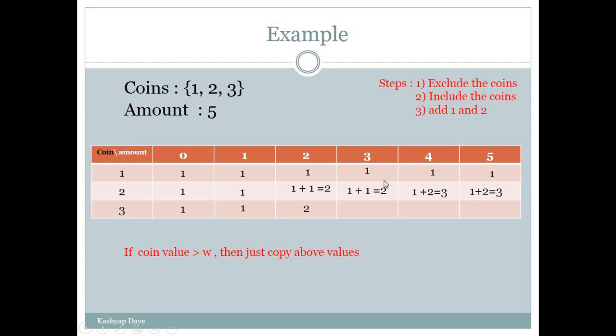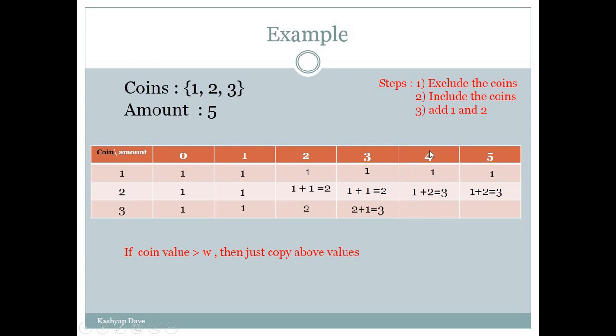First exclude the coin, meaning if we do not use the 3 rupee coin, then just put 2 here, plus deduct this 3 from 3. So 3 minus 3 is equal to 0. So go to the 0 in this row. So there is 1. So 2 plus 1 is equal to 3.